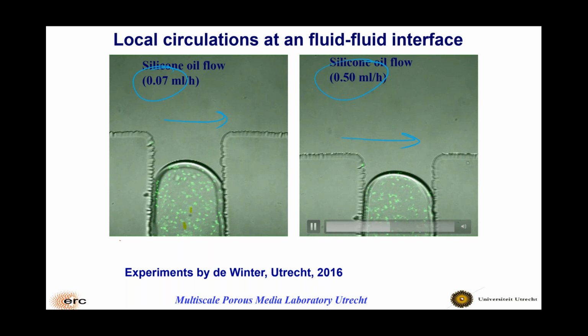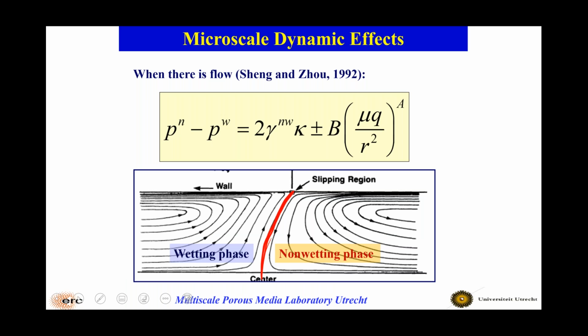So in that work of Sheng and Zhu that I mentioned, they calculated that these two are not equal, and in fact the difference is a function of the flow velocity. If there is drainage occurring, then we have a plus sign, and if it is imbibition, where the wetting phase displaces the non-wetting phase, we have a minus sign.